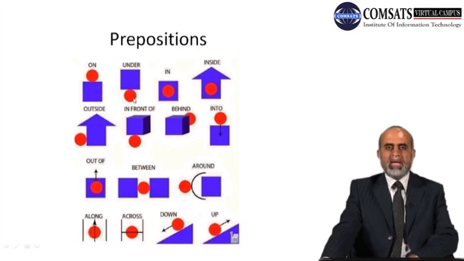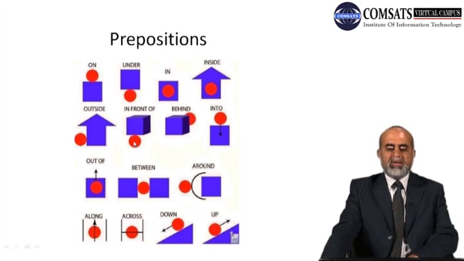Here we would say the ball is under the box. Here we would say the ball is in the box. Instead of in, we can also say the ball is inside the house, inside the hut. And here we could say the ball is outside the hut, outside the box.